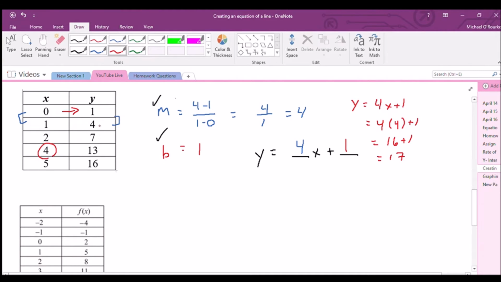That graph may not be... 4 minus 1. Oh, that's 3. That's why. I made a mistake.